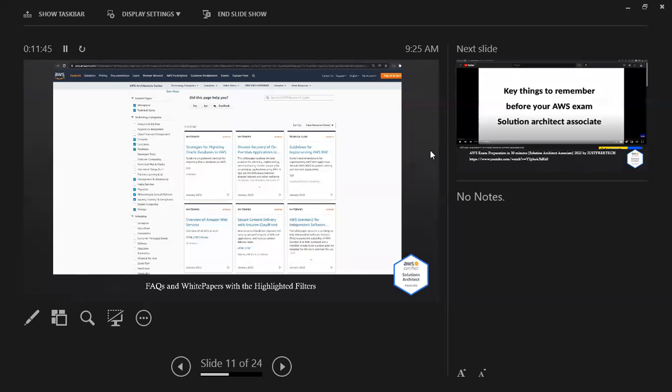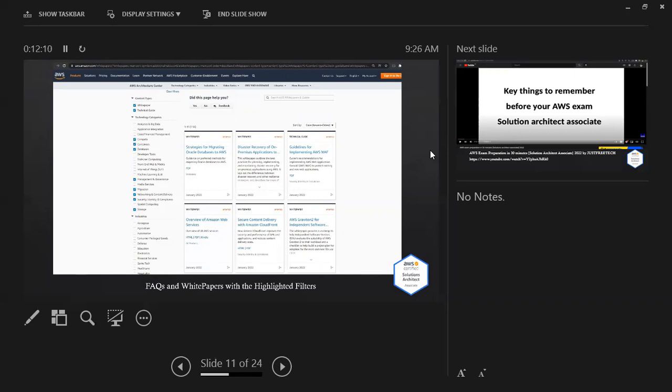The next resource you want to use is the FAQs, which is frequently asked questions on AWS, and the white papers. So when you click the link for the white papers, you want to filter to streamline your reading.